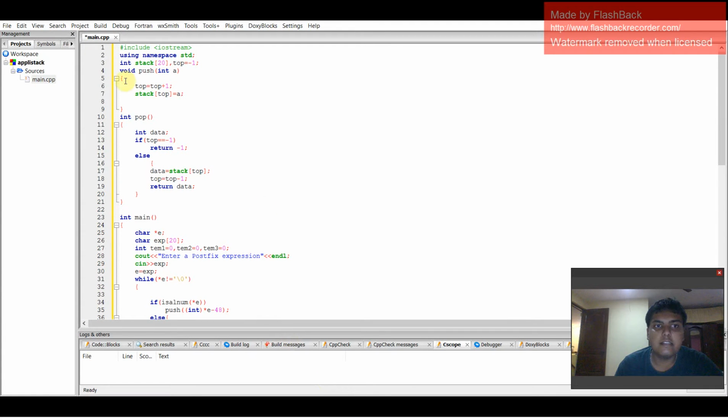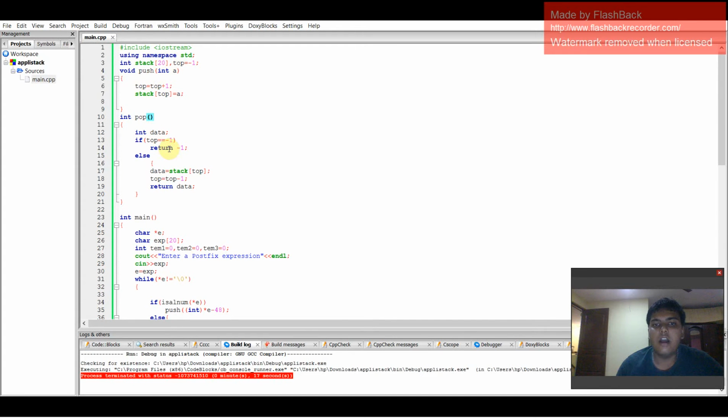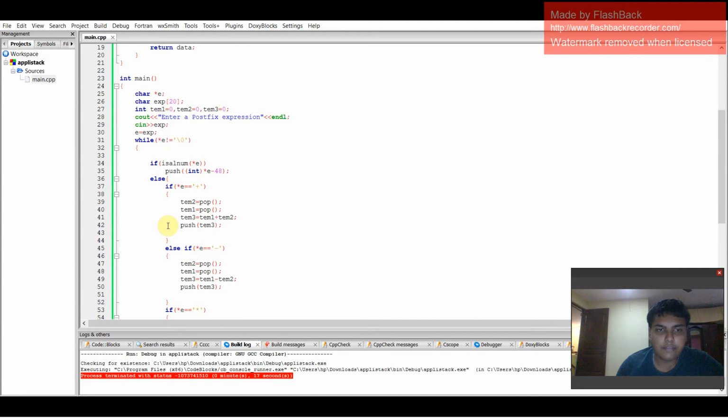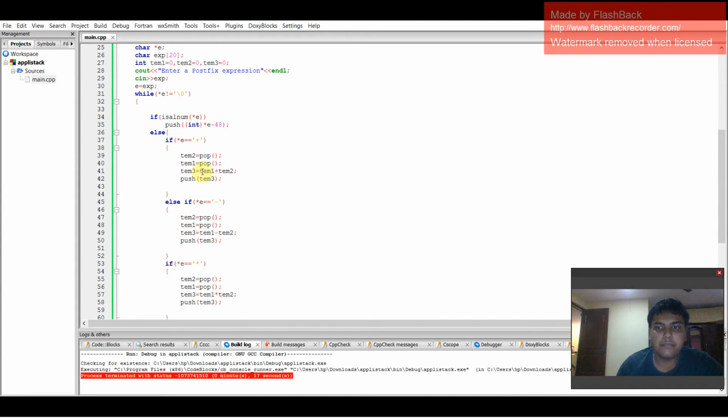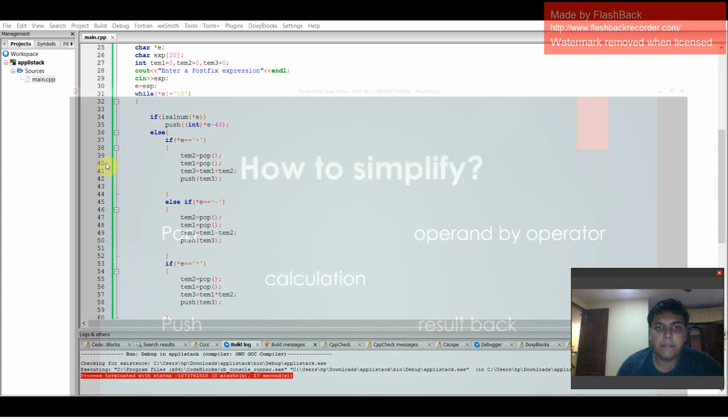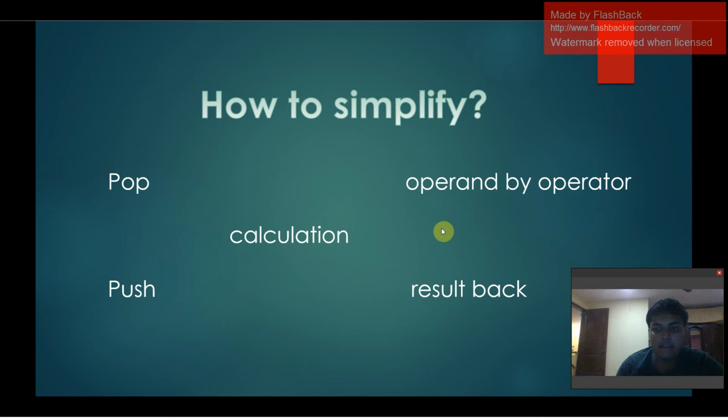Now let us see the program. Before the output, let us see the program. So the logic, as I've explained previously, what did I explain? I said that all my operands will wait for the operator. When the operator comes, at that time it will do the calculation and push back to the stack.